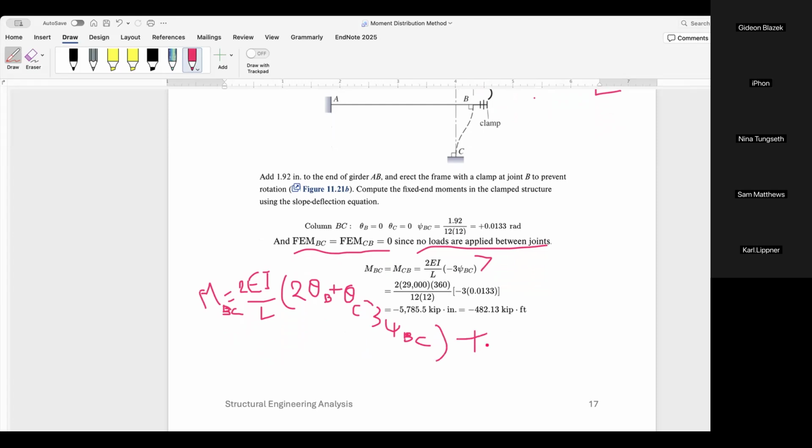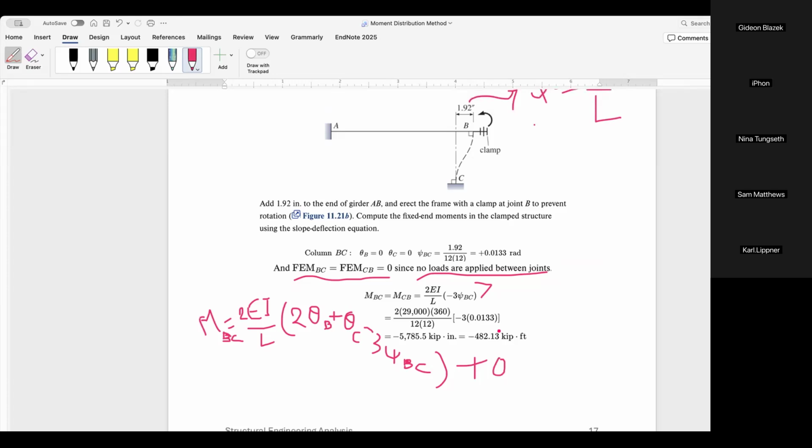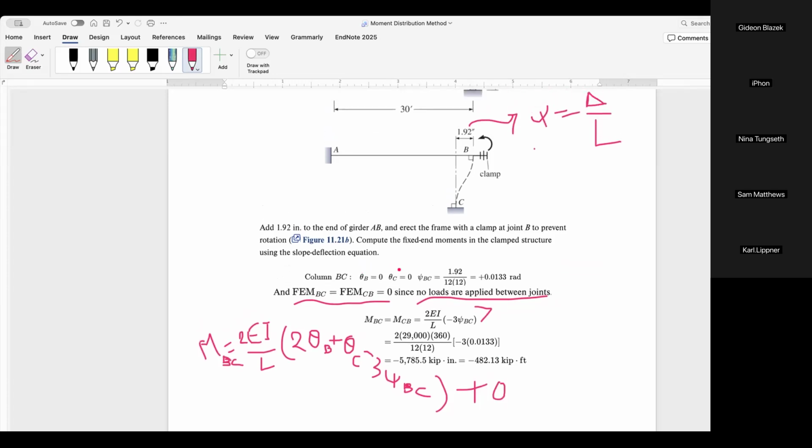Plus FEM equal to 0. And only for this problem, the good thing is that theta b and theta c equal to 0. This part is 0, this part is 0. Same if you write the equation for CB. That's why they wrote MBC and MCB equal to only this term we need. So you don't need to write the full equation.